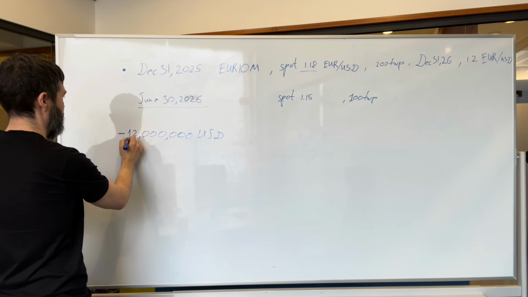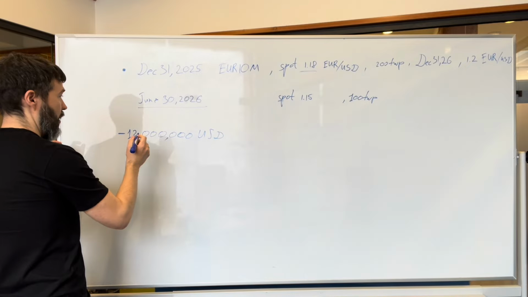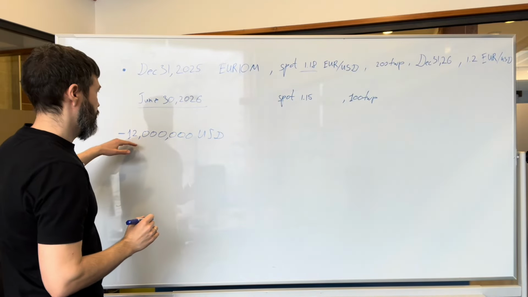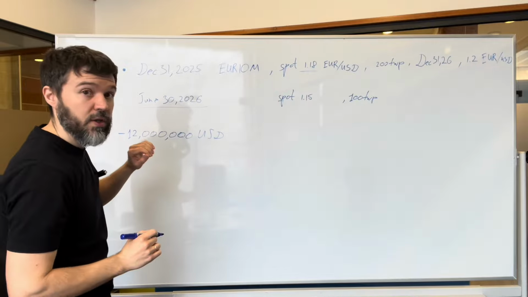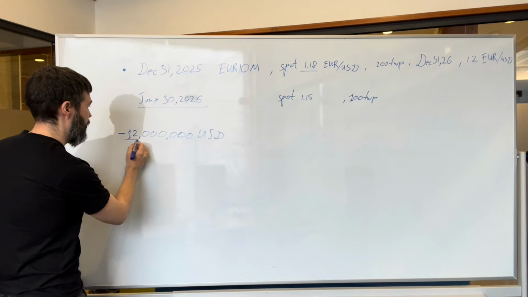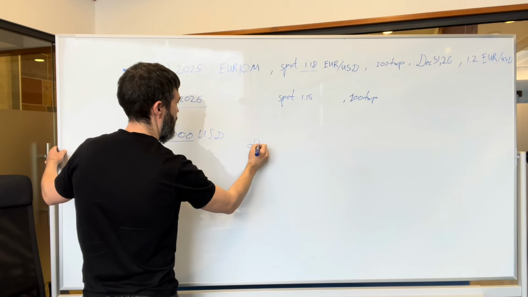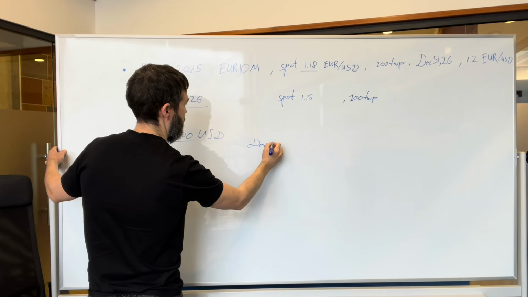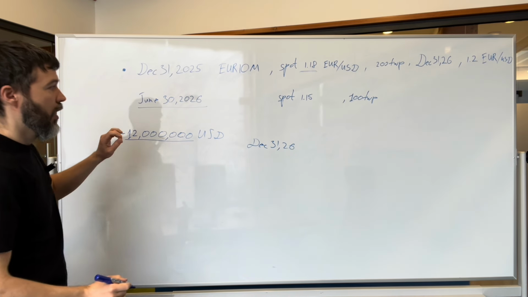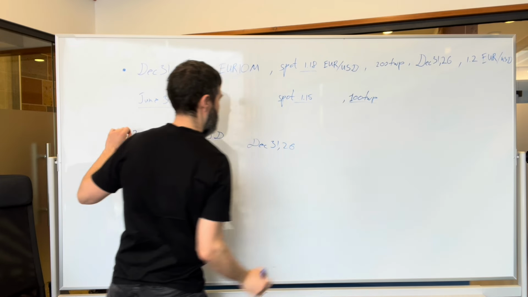Let's put minus here. And that's happening in the future. To close it, you should buy an offsetting contract where you receive that amount of United States dollars in the future, December 31st, 26.